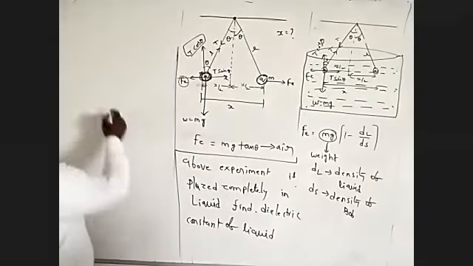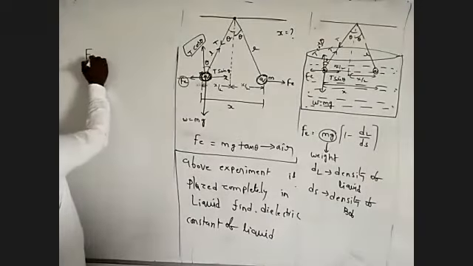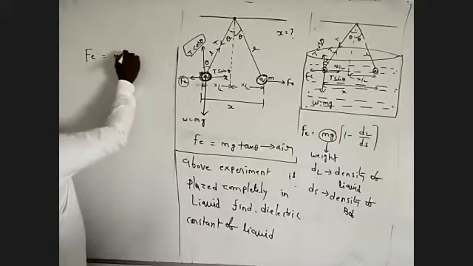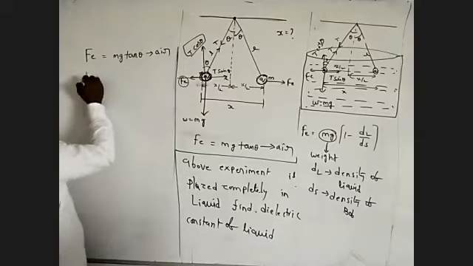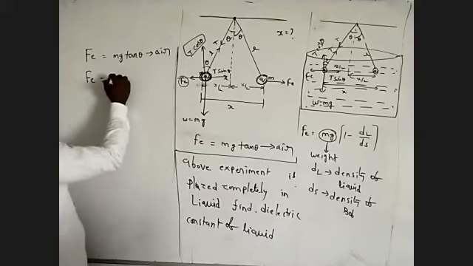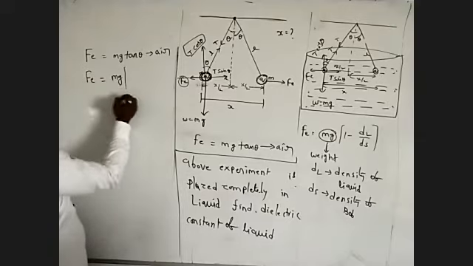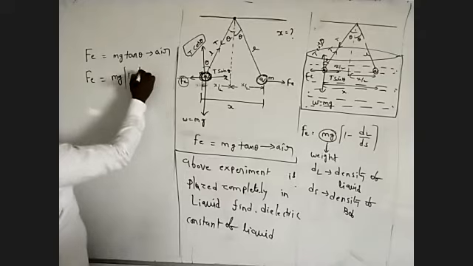Now totally I'm getting two equations. One is Fe is equal to mg tan theta in air. The other is Fe is equal to mg into 1 minus dl by ds in liquid.